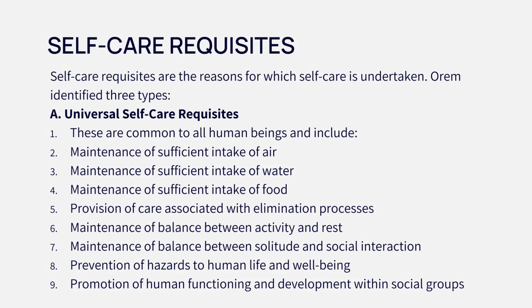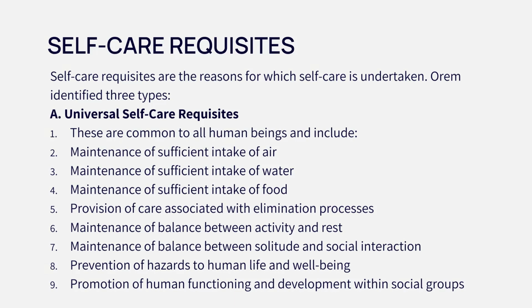Next is prevention of hazards to human life and well-being. Health care can also be taken by preventing ourselves from any kind of accident. If we are not preventing it and we meet with an accident, we will be ill, and that will hamper our health.